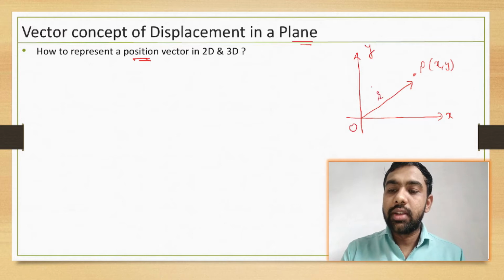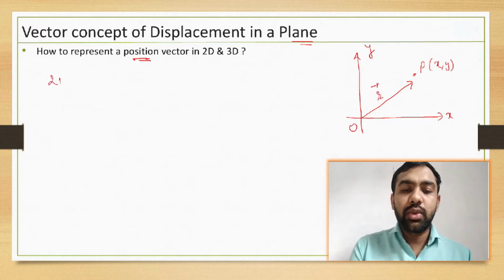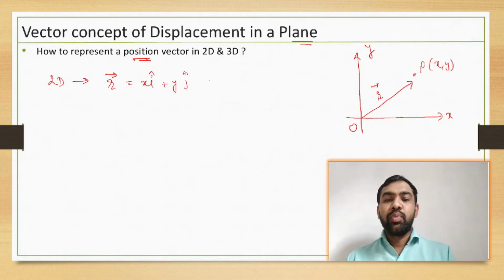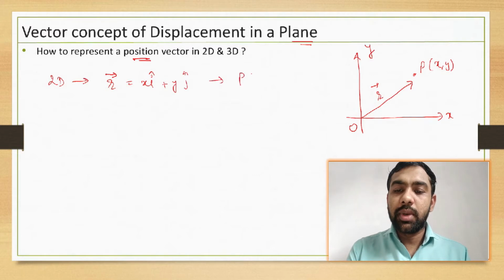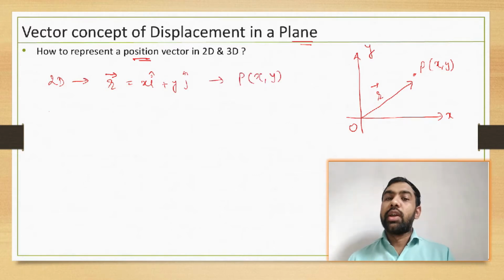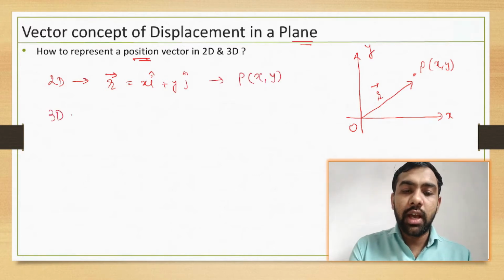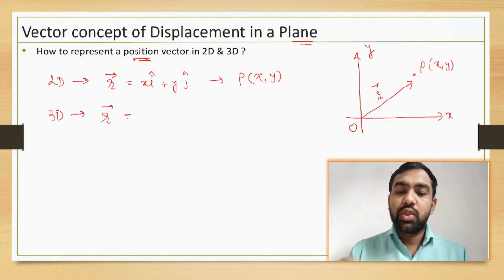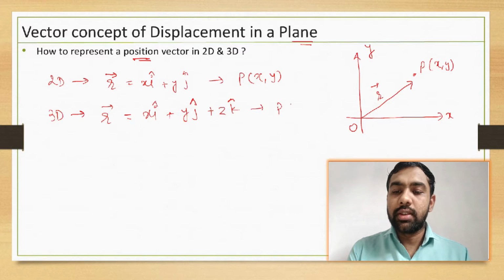If it is R, then in two dimensions R is generally represented as xi plus yj, or in terms of a point, P(x, y). In three dimensions, R is equal to xi plus yj plus zk, or you represent it as P(x, y, z).